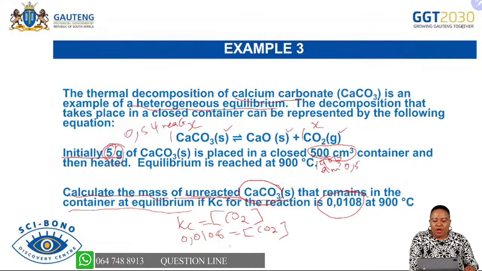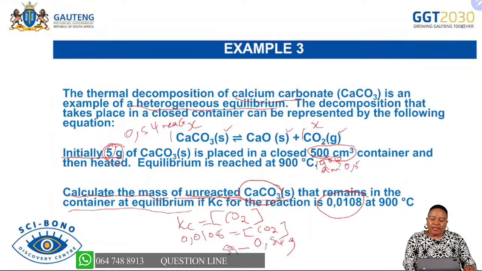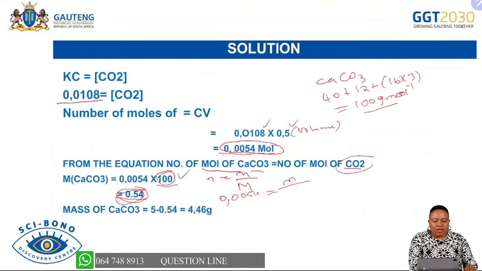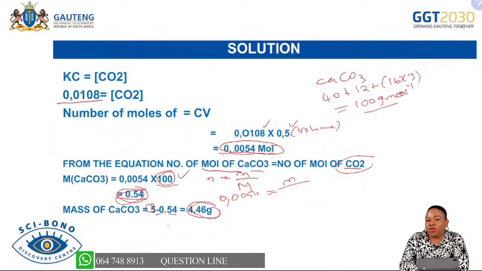So it's going to be 5, our initial mass, subtract 0.54, the reacted mass, in order for us to get the unreacted mass. So it's going to be 5 minus 0.54, which is going to give us 4.46 grams of calcium carbonate. So you can see that not always, when we are given a calculation, do we need to calculate Kc.